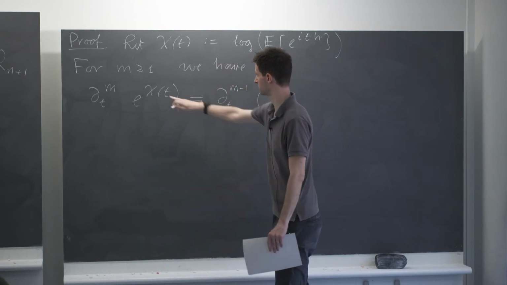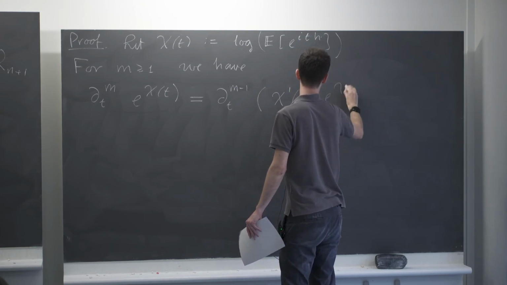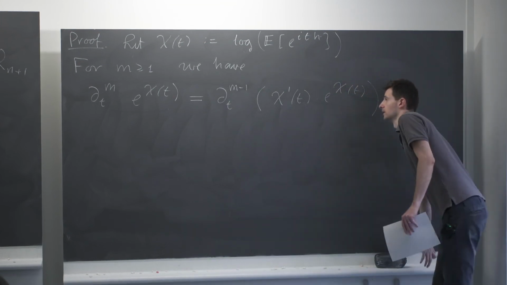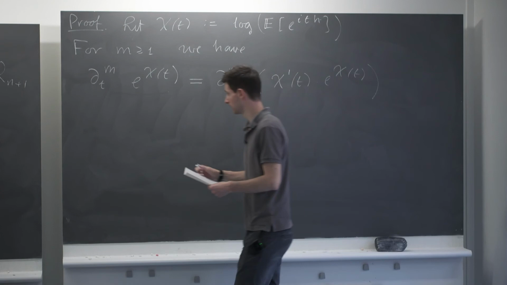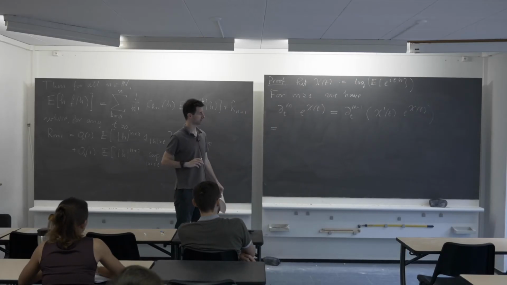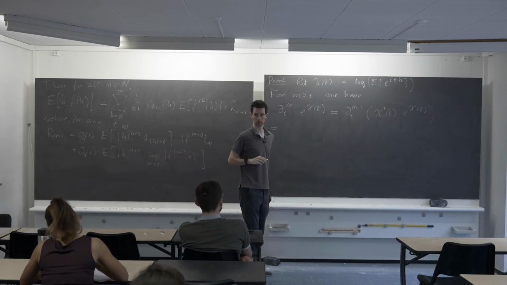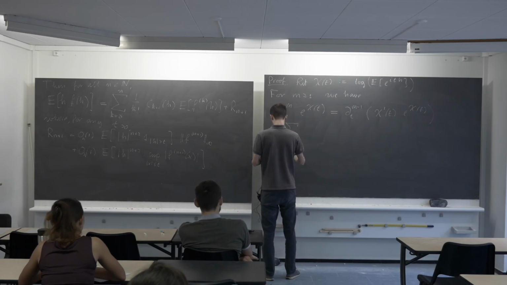Now if I differentiate this guy once, I get chi prime of t e to the chi of t. This is just differentiating the exponential. And now I apply the Leibniz rule for differentiation. If you take the m minus first derivative of a product of two functions, there's a binomial theorem for derivatives, which goes as follows.